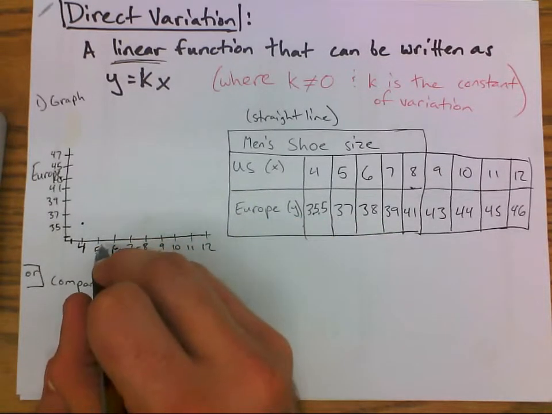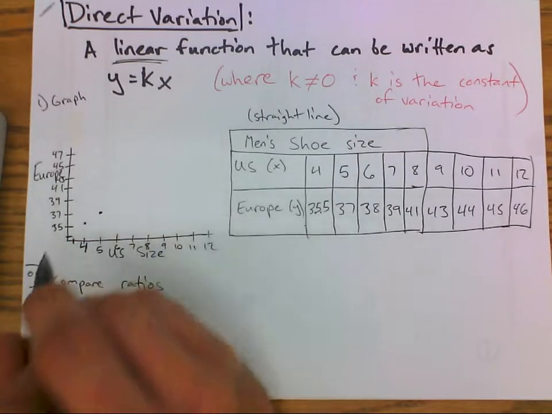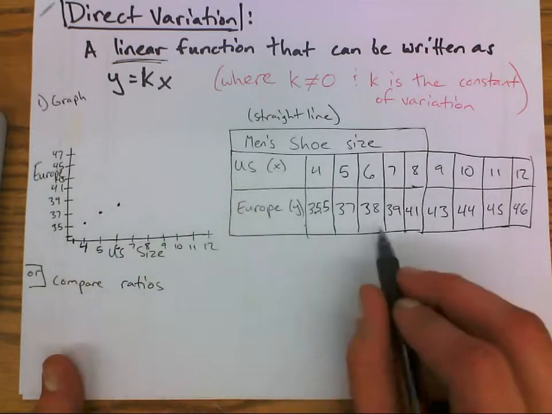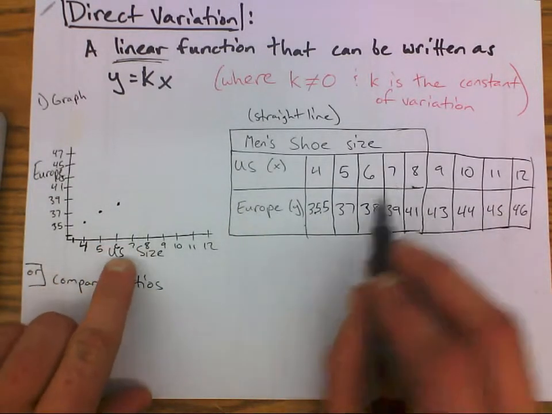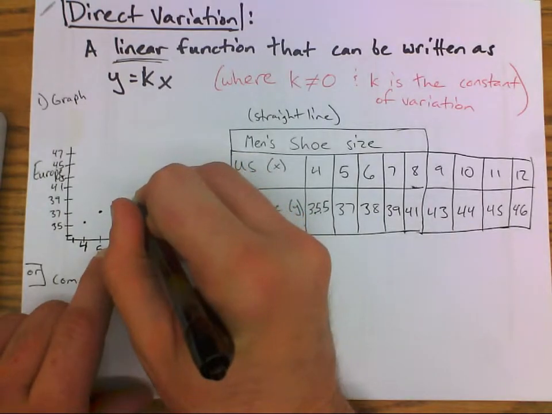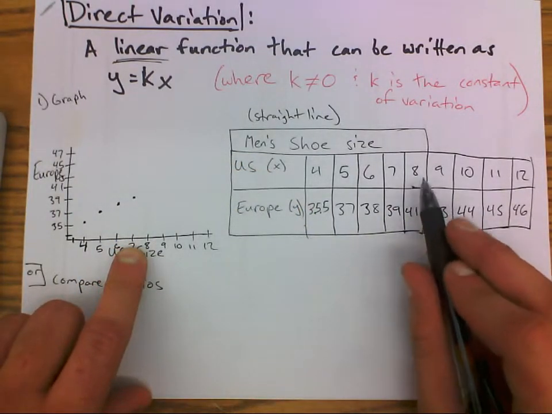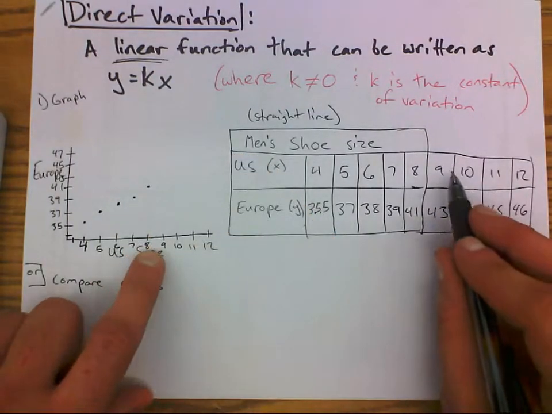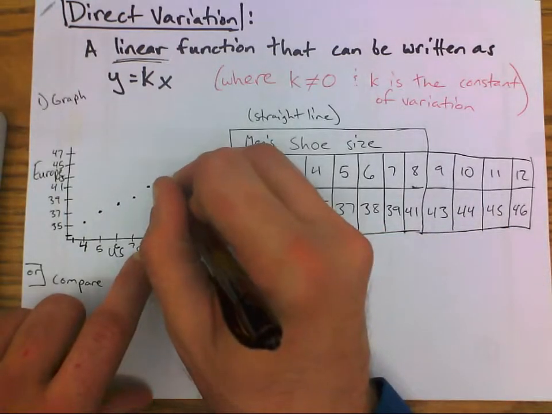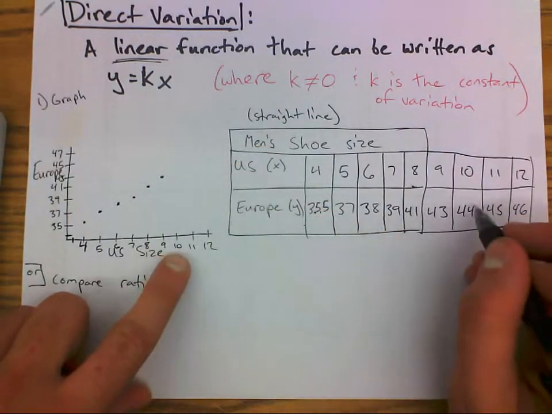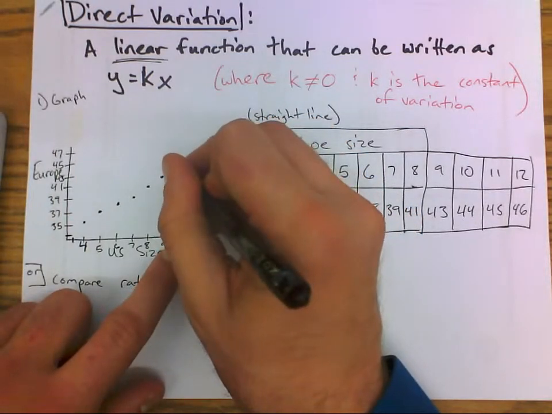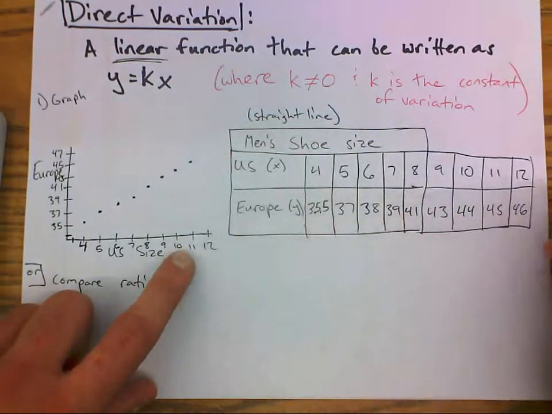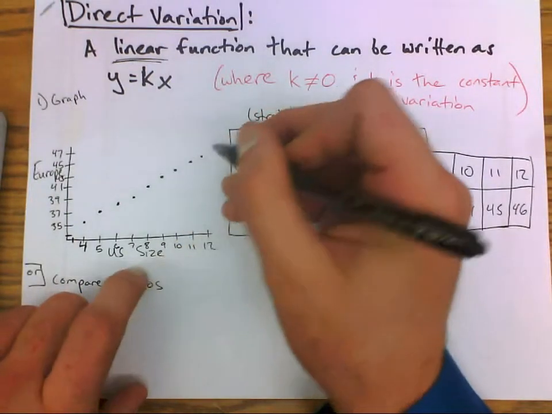Size 5 correlates to 37. 6 correlates to 38. 7 correlates to 39. 8 to 41. 9 to 43. 10 to 44. 11 all the way up here to 45. And 12 is going to be 46.